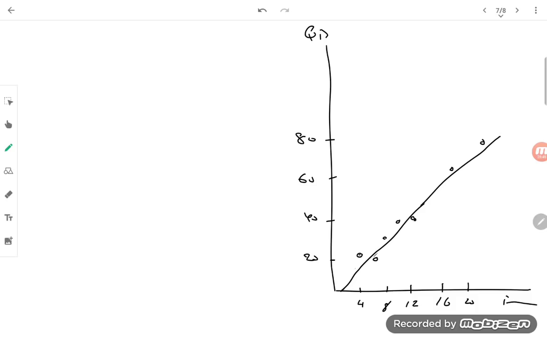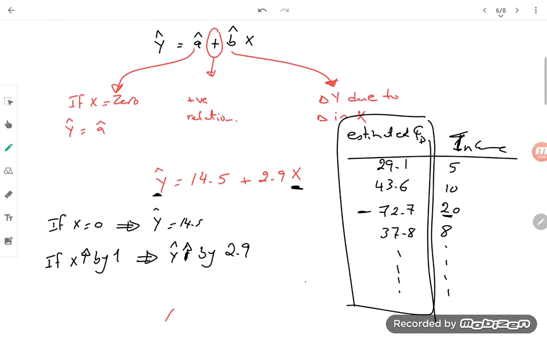So this is the estimated line, or the fitted line. This fitted line has an intercept of 14.5 and a slope of 2.9.